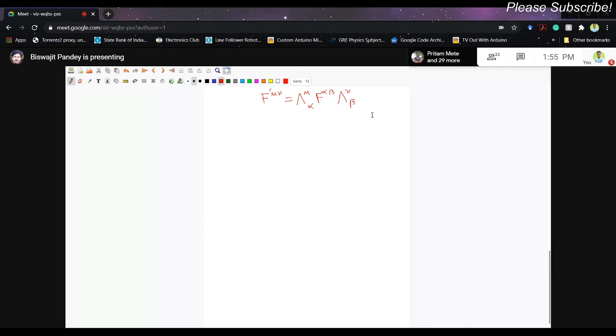That will not give you the correct result, because it is really not a matrix multiplication. That you have to understand, right? If you write it this way, using it as a matrix multiplication, that will give you the correct result. So if you write down this tensor in between the two Lorentz transformation matrices and then multiply, that will be equivalent to writing down all these terms, the summation over all these alpha and beta.